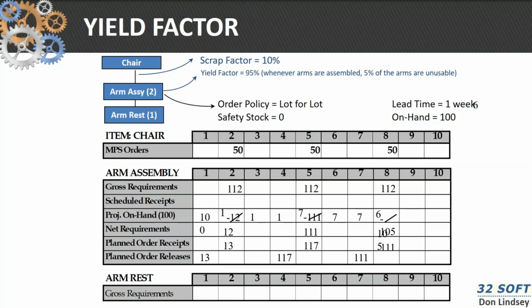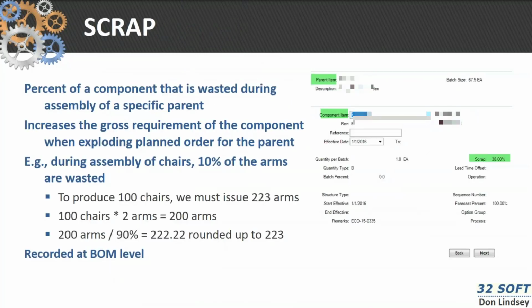And then at the arm level, we're going to see those planned order releases drive down as gross requirements into that component. There's a scrap factor also in QAD's MRP, and this is on the bill of material parent component relationship. And this is a component that is wasted during the assembly of the parent.